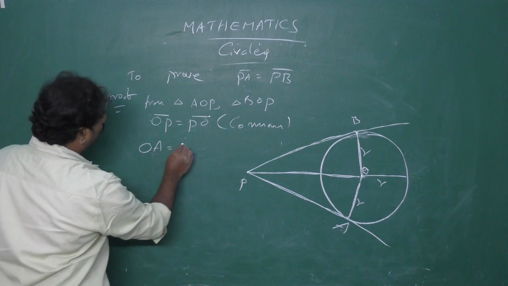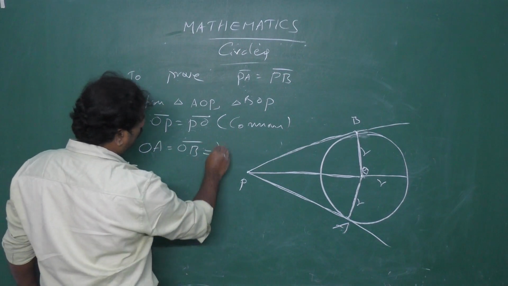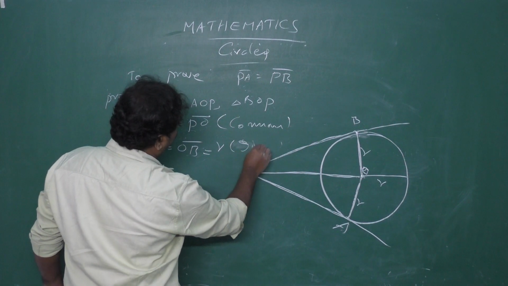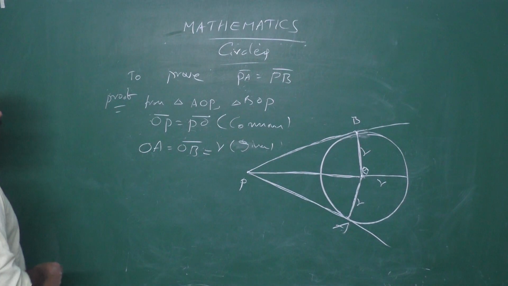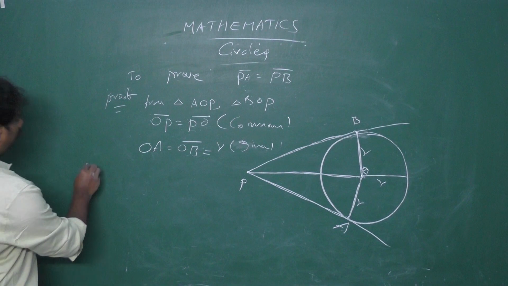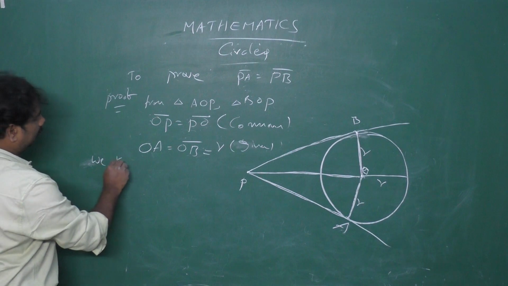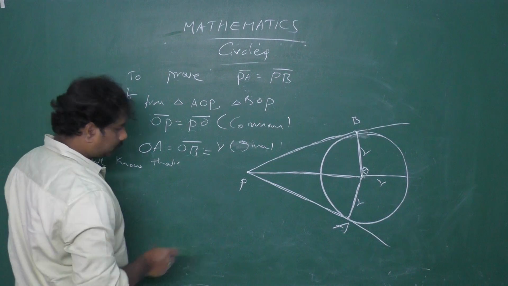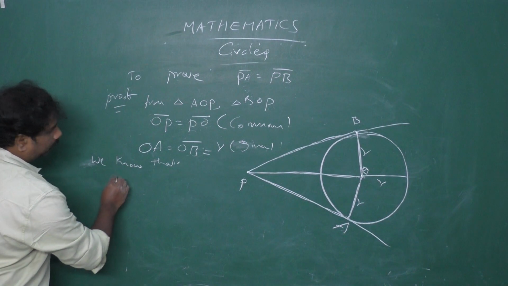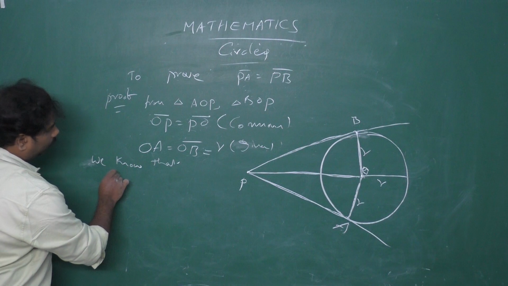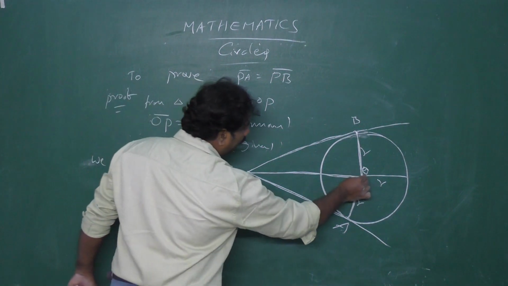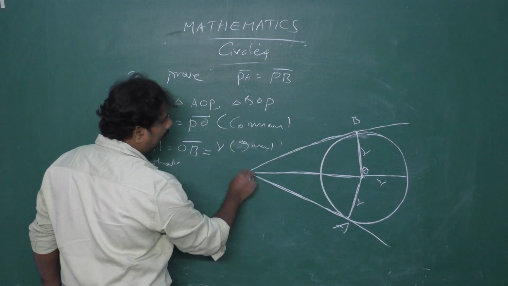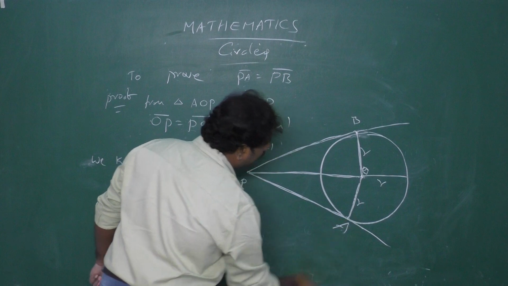OA is equal to OB is equal to R, from construction or from information given. We know that OA is always the radius and it is perpendicular to the tangent to the circle at the point of contact.